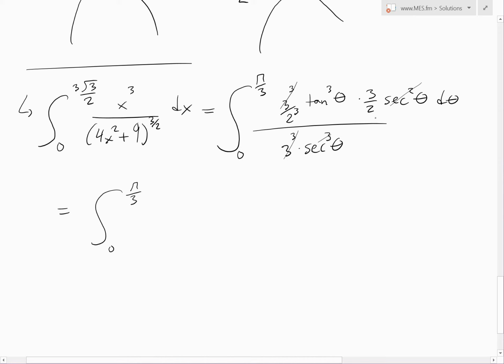And now we have 1 divided by 2 to the 4 times, so we just took that constant out. Actually, there's a 3 as well. Put the 3 back. So there's a 3 over 2 to the power of 4 times tan cubed theta all over secant theta.